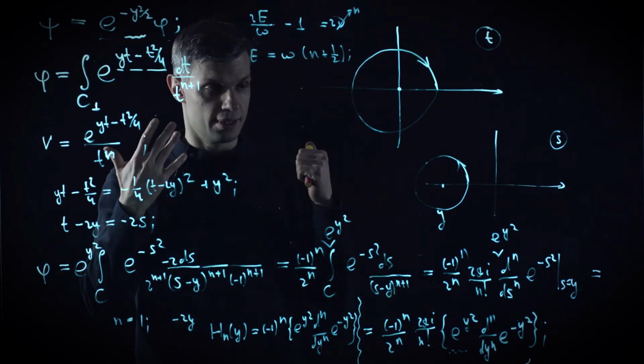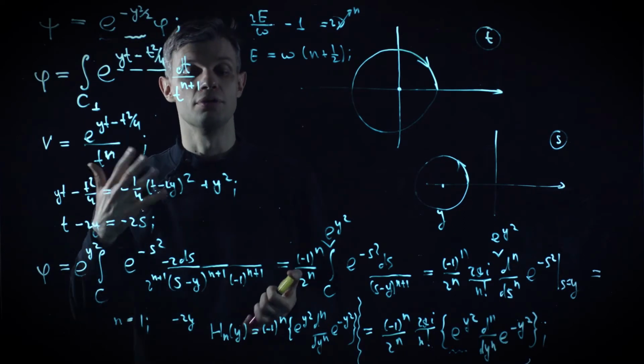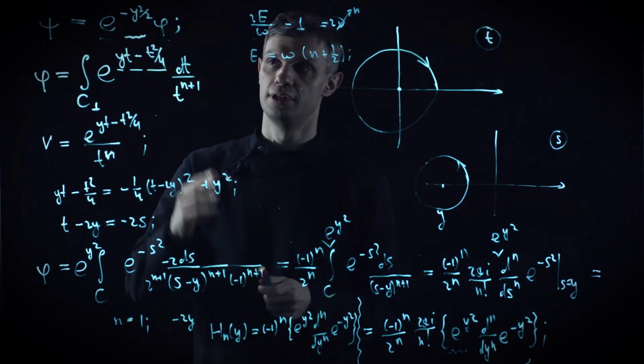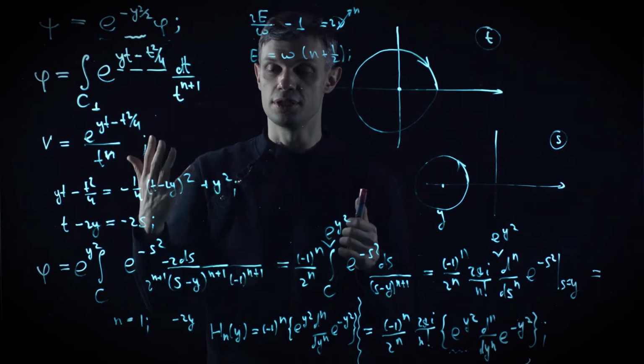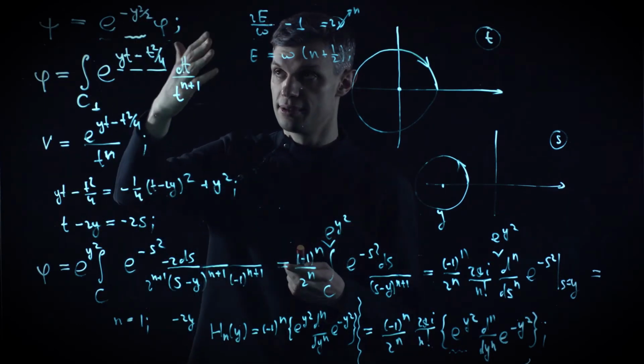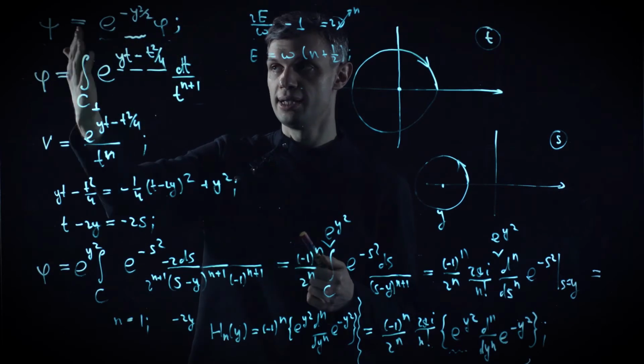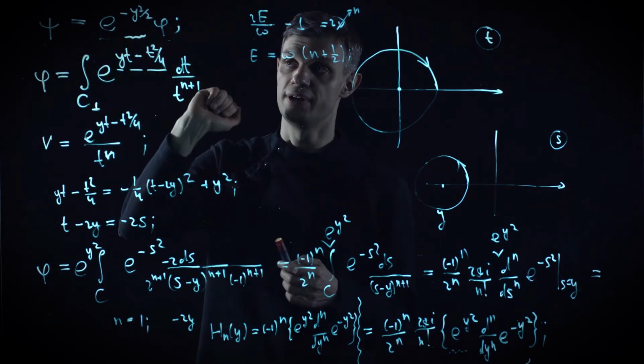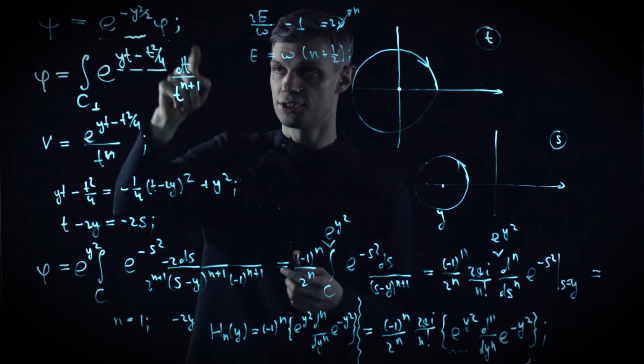So let's actually recall our principal steps. First of all, we got rid of the quadratic coefficients in our equation by introducing a suitable ansatz in terms of the asymptotic solution of our simplified Schrödinger equation times a new function phi.